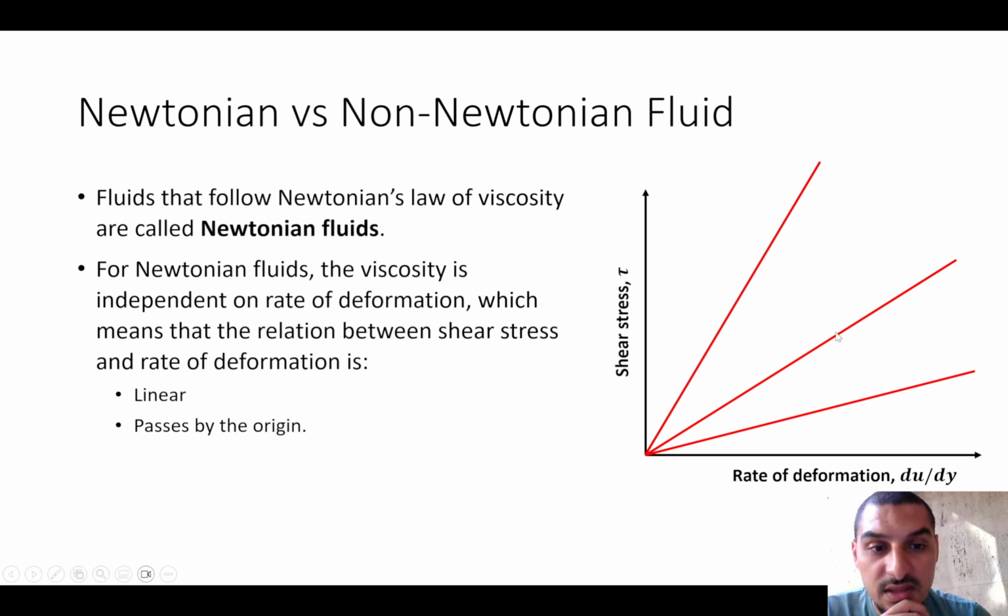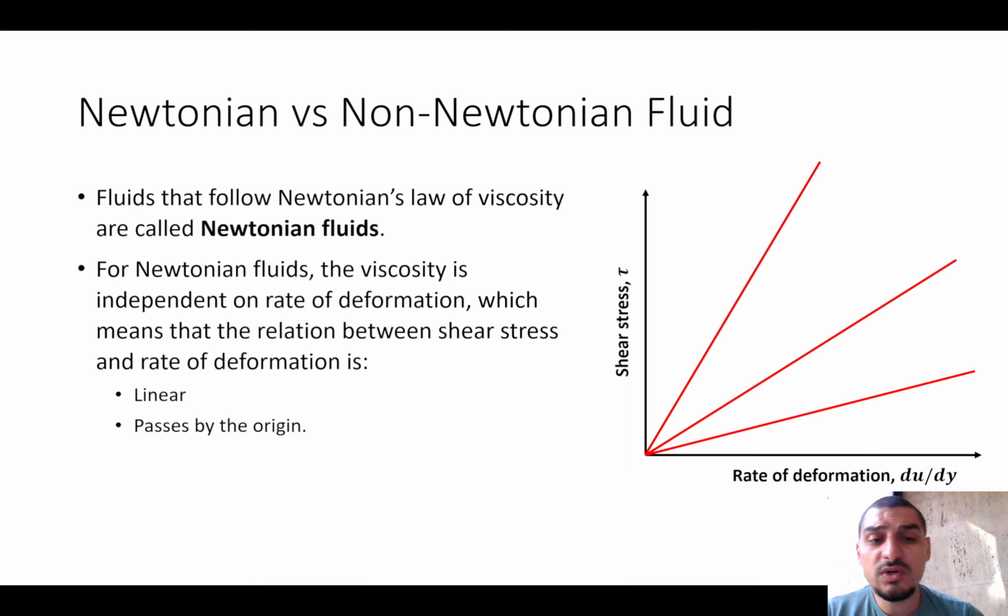First of all, they all are linear relations. So they have constant slope, regardless of the value of the shear stress or the value of the rate of deformation. This slope is constant everywhere. Okay, so it's a straight line. The second thing is that all of them pass through the origin, which is 0, 0. And these are the two criteria that must be satisfied for a fluid to be a Newtonian fluid.